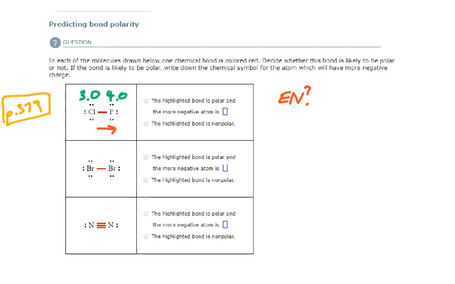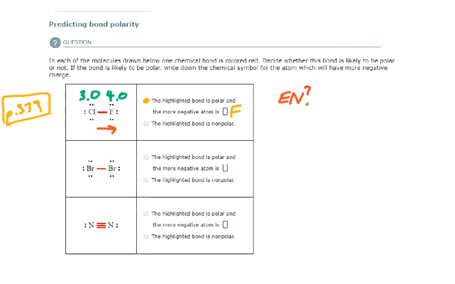If you look on page 379 of the textbook, you can see the periodic table showing the relative electronegativities of elements. So to answer this, the highlighted bond is polar in this case because one atom is more electronegative than the other. This will be our answer, and the more negative atom is fluorine because it is more electronegative.